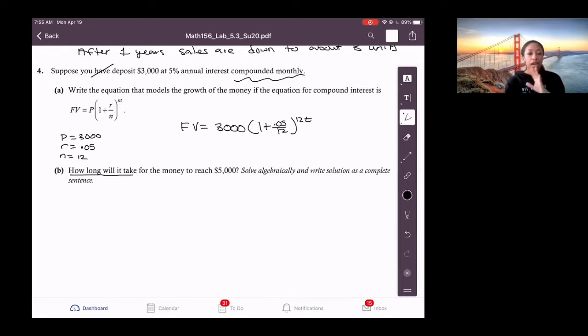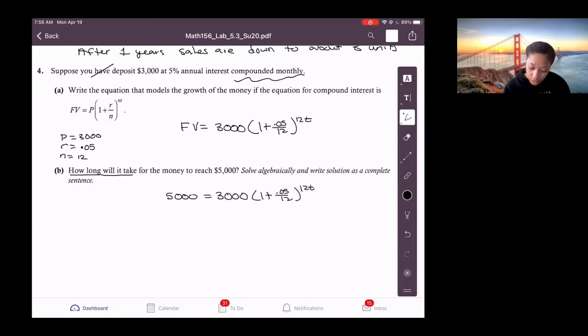Anytime you're asked to figure out how long it takes to reach a certain amount of money in a compound interest problem, you're solving an exponential equation. So in this one, we know that the output will be $5,000. The function was 3,000 times 1 plus 0.05 over 12 to the 12t power. And we want to solve this for t.